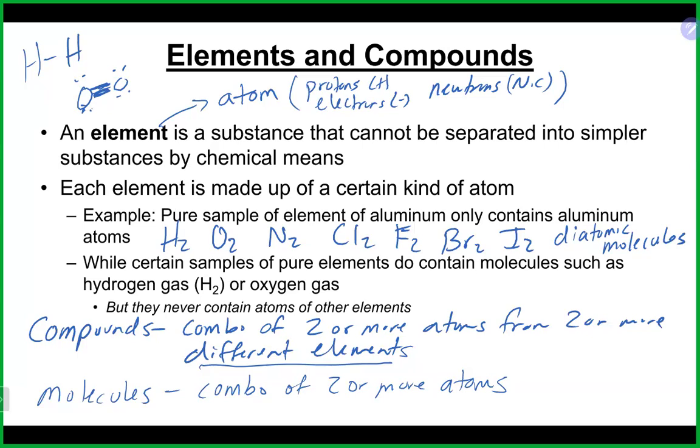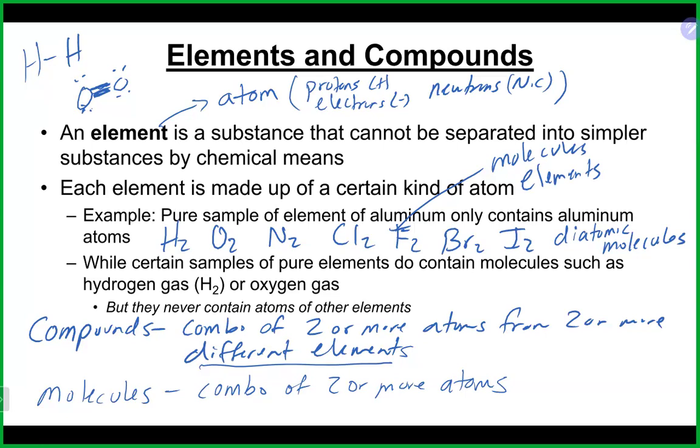Hydrogen, oxygen, nitrogen, chlorine, bromine, fluorine, and iodine are all molecules because they come as two atoms together. They're also all elements because the only element involved in hydrogen is hydrogen. The only element involved in oxygen gas is oxygen. There's no other element involved. Are hydrogen, oxygen, nitrogen, chlorine, fluorine, bromine, and iodine considered compounds?